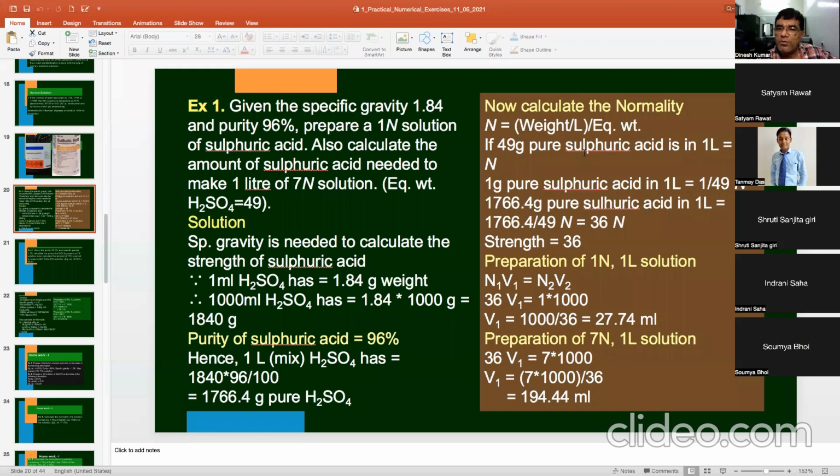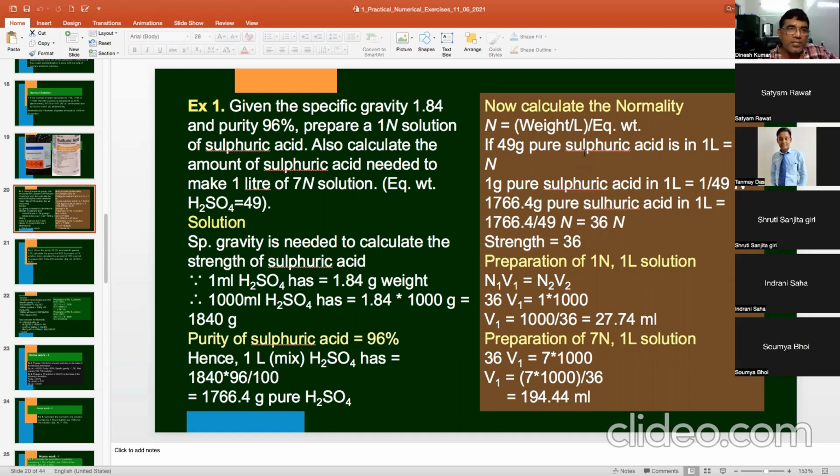If you do not want to do the calculation in this way, you can straightaway put the values in the formula N is equal to weight per liter divided by equivalent weight. Now you know exactly the strength of this solution. It is 36 normal. That means pure sulfuric acid, that is 49 gram, is dissolved 36 times in 1 liter.